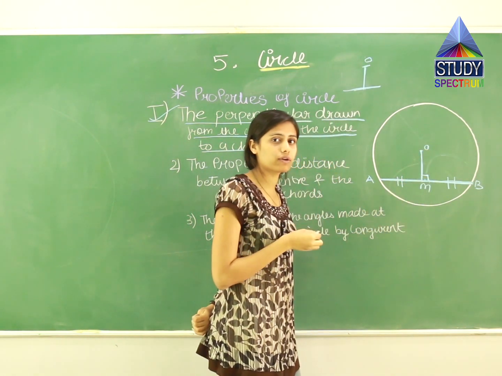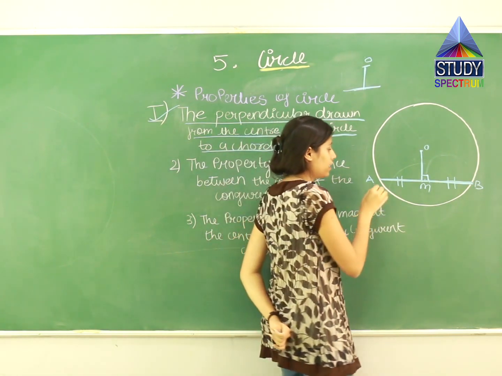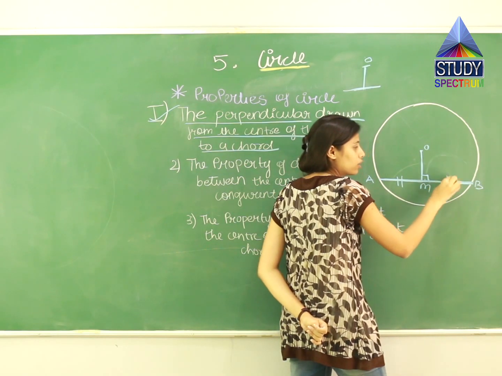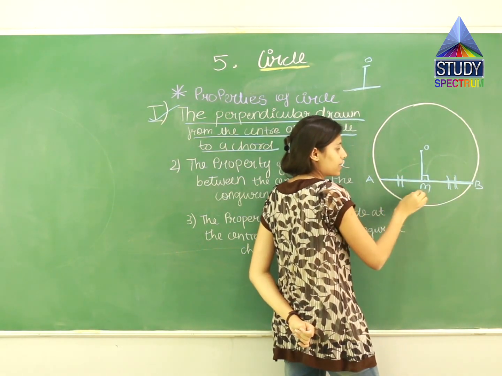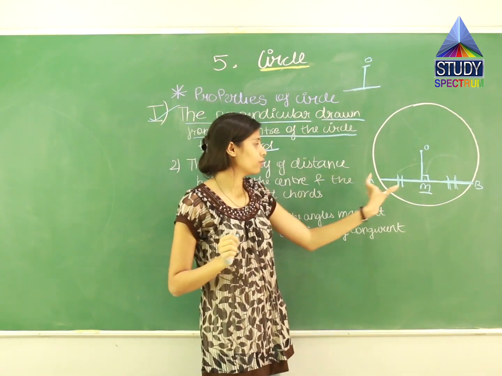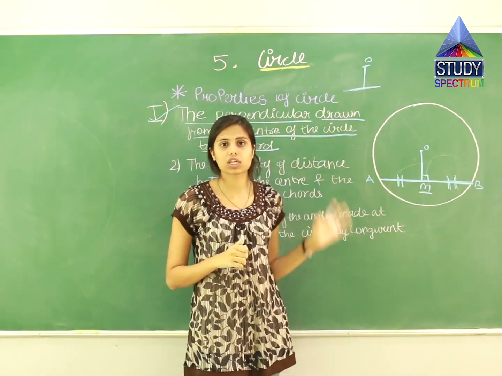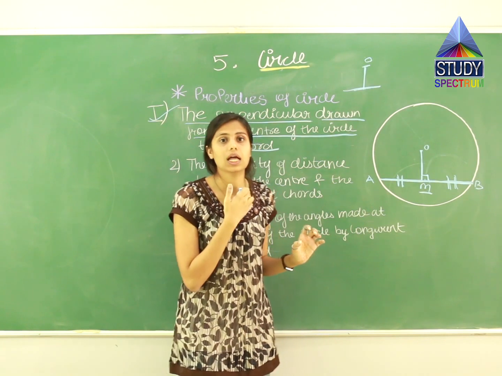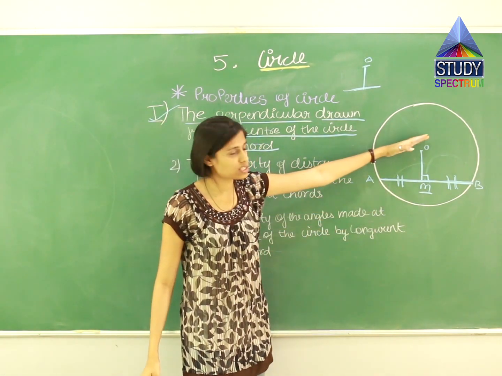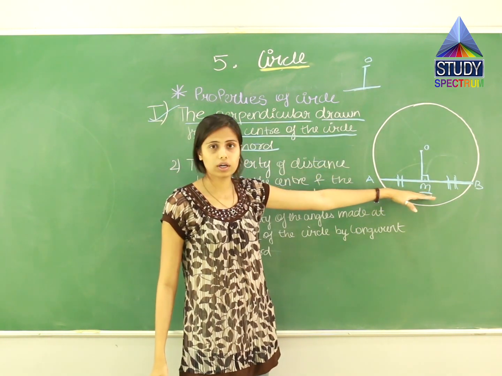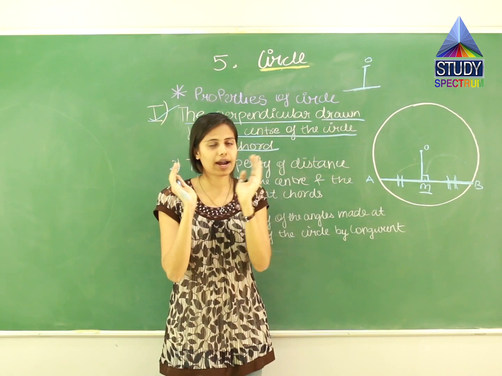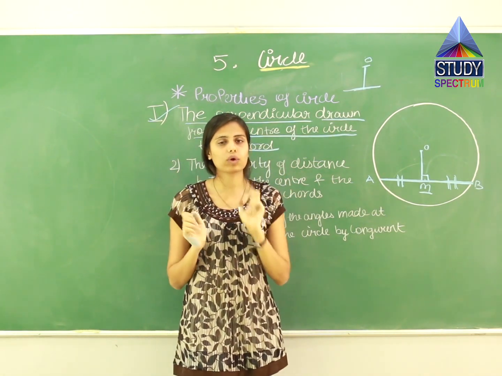Now what is the property of this? The property is that the chord AB is divided into two equal parts by the point M. Means what? M is the midpoint of chord AB. So this is the first property of the circle: if a perpendicular is drawn from the center of the circle to a chord, then this perpendicular divides the chord into two equal parts.